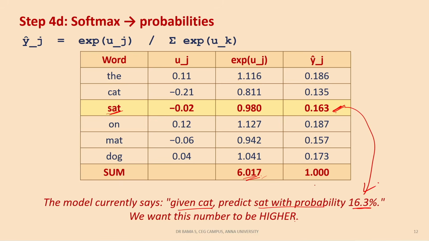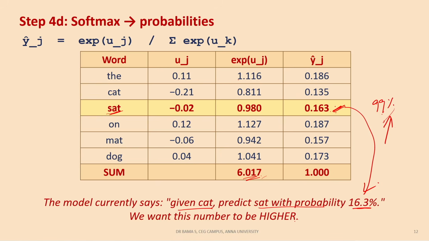Ideally it should be close to 99% or 100%. 100% will never occur, but at least can we get 99%? And what is to be done in order to go from 16.3 to 99%? For that we will do the back propagation method.